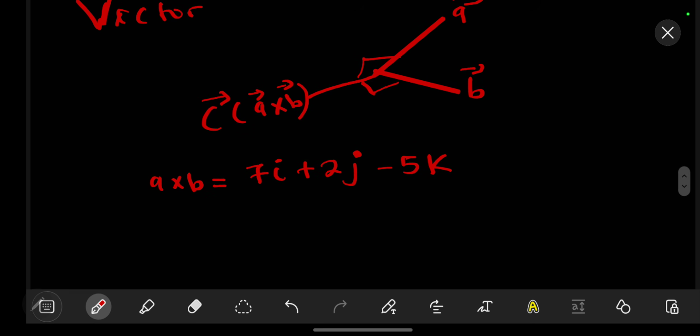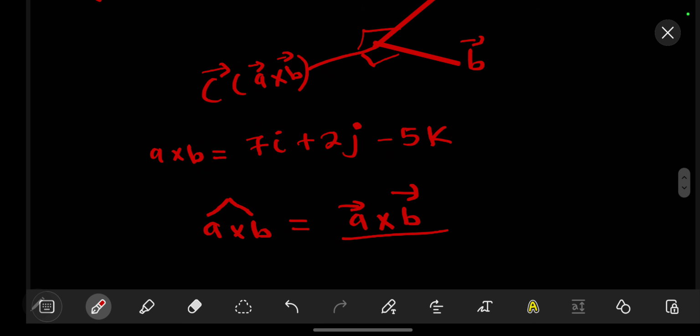In order for you to find the unit vector, we are just going to say, if this is the vector, the unit vector will be A cross B with a cap. This cap means it's a unit vector, which should be equal to the vector itself over the magnitude of that vector. So this is how we find the unit vector.